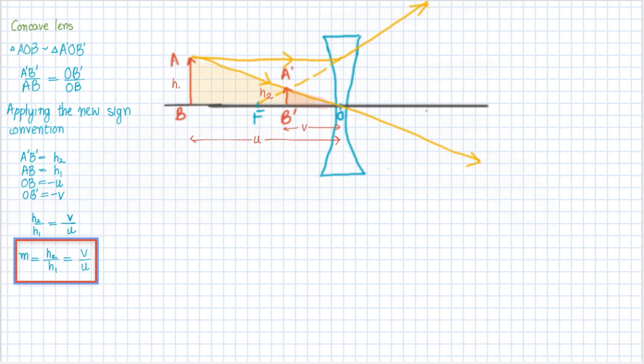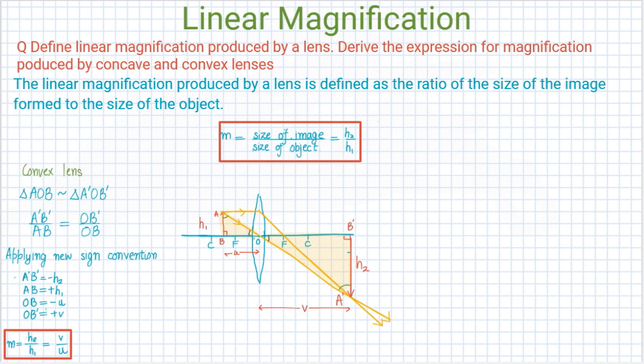Okay. So to sum up, we have defined your linear magnification. The linear magnification is the ratio of the size of the image to the size of the object, which is h2 upon h1.